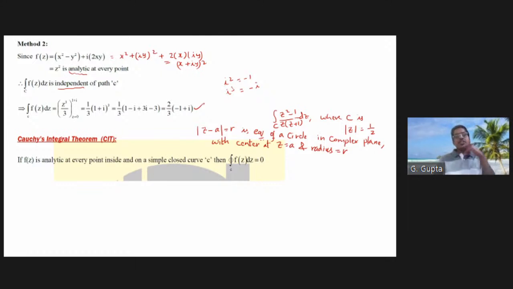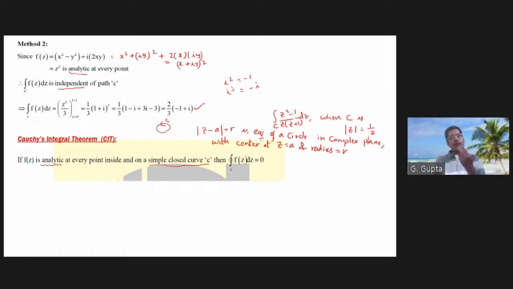So what exactly is Cauchy's integral theorem? It is difficult to understand, but problems are dead easy. If f of z is analytic at every point inside and on a simple closed curve C, suppose this is a closed curve C, traversed in the anti-clockwise direction, so at every point z inside and on the curve the function is analytic.